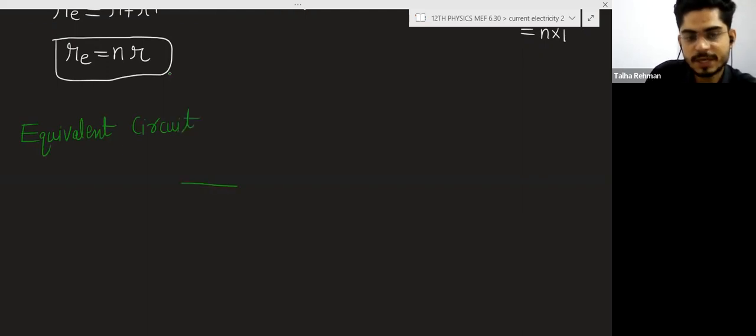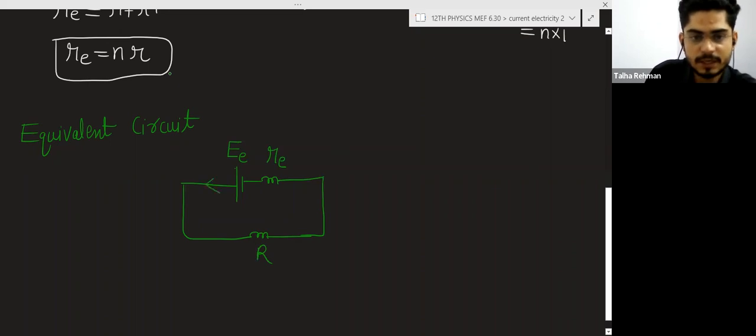The equivalent circuit means replacing all these cells with a single cell of equivalent EMF and equivalent internal resistance. So this is E_e and this is r_e, and this is R, and current is like this, I.